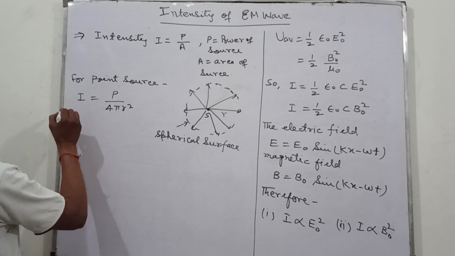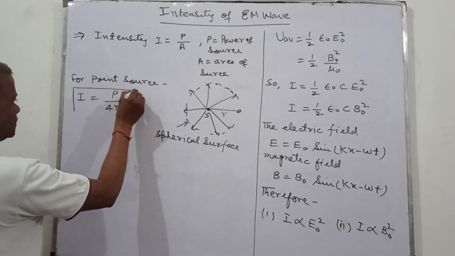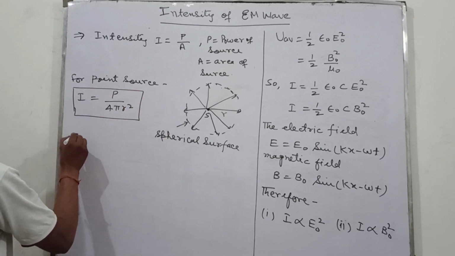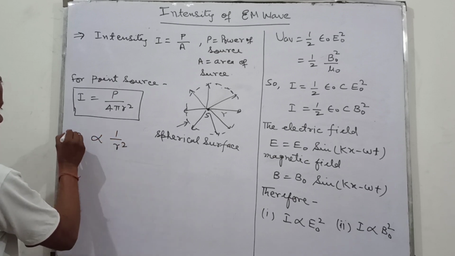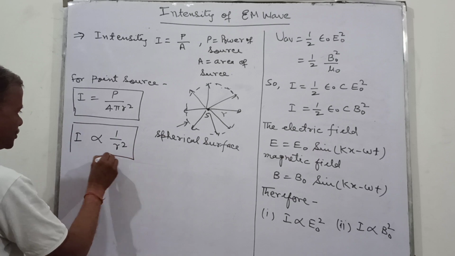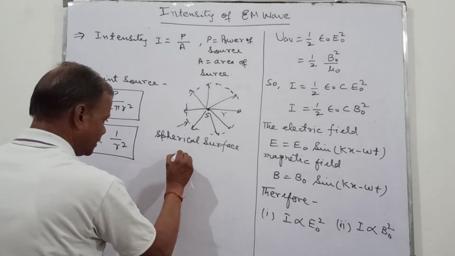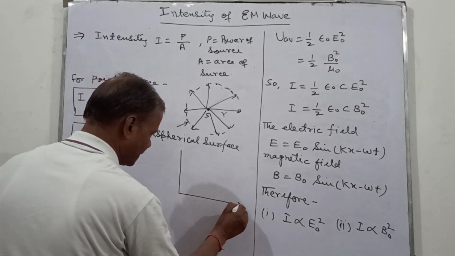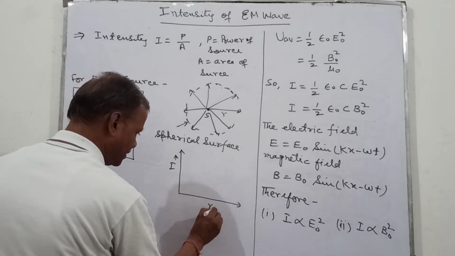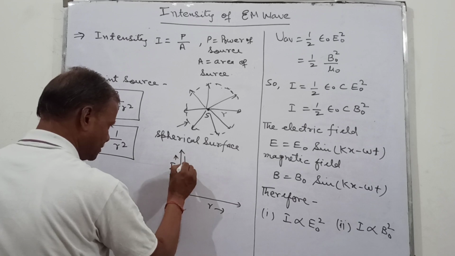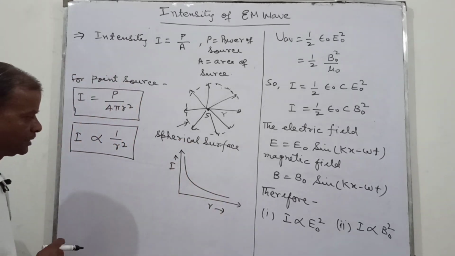So now what we have, that this I is proportional to 1 upon r square. It follows inverse square law. So now we can have that this I intensity on this side, we take the distance on this side, then it decreases very fast.